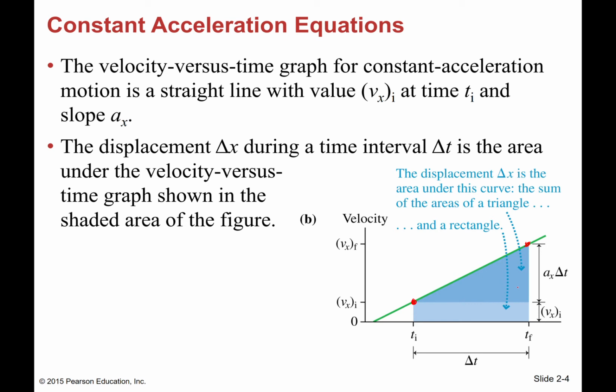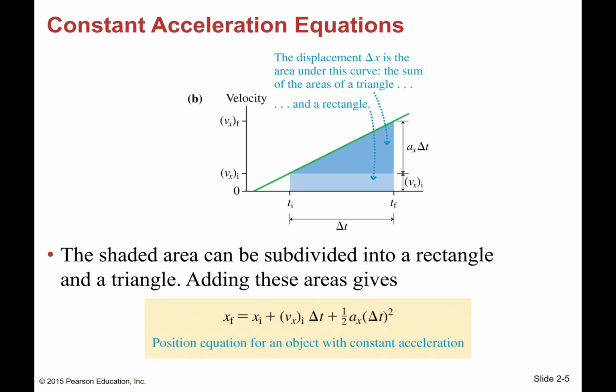So the area under the velocity versus time graph gives you the displacement during that time. We have this triangle plus this rectangle, so let's see what the areas are. The area of the triangle is a delta T, which is this height, multiplied by the base, which is delta T, and divided by 2.